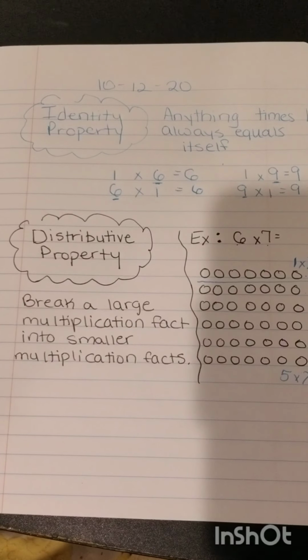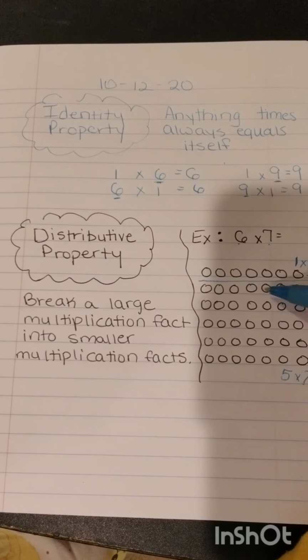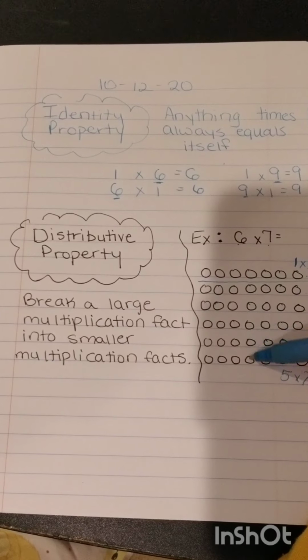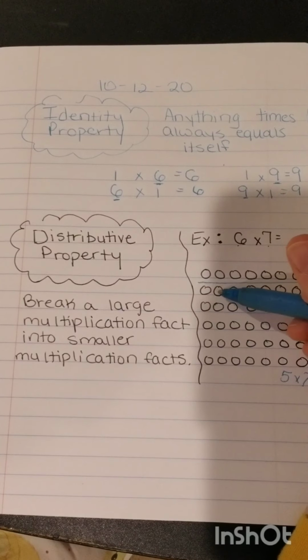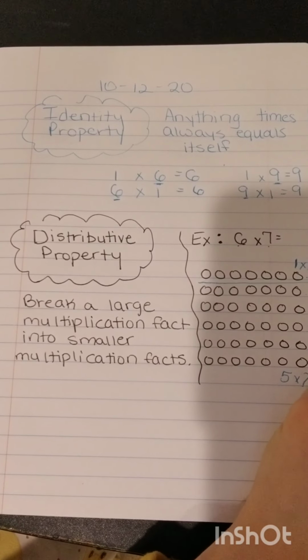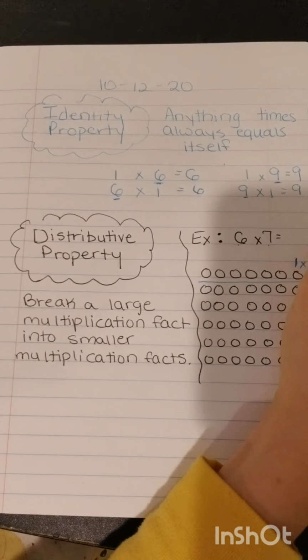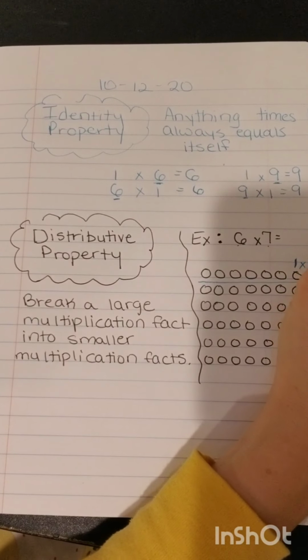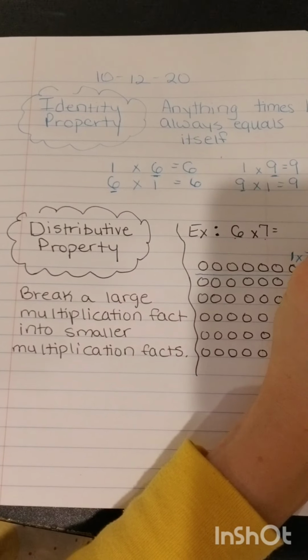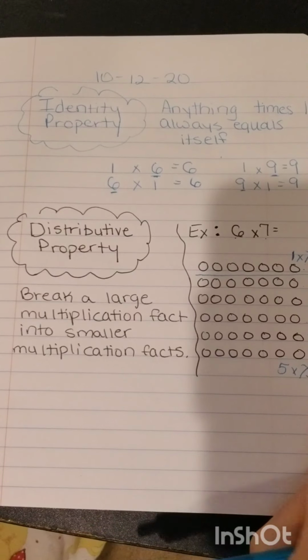All right, so now I can count by 5 7 times to figure this out. That's like doing 5, 10, 15, 20, 25, 30, 35. So if I count by 5 7 times, 5 times 7 is 35. And I know 1 times anything equals that number, so 1 times 7 equals 7. And then we're going to take our 2 parts and put them back together.